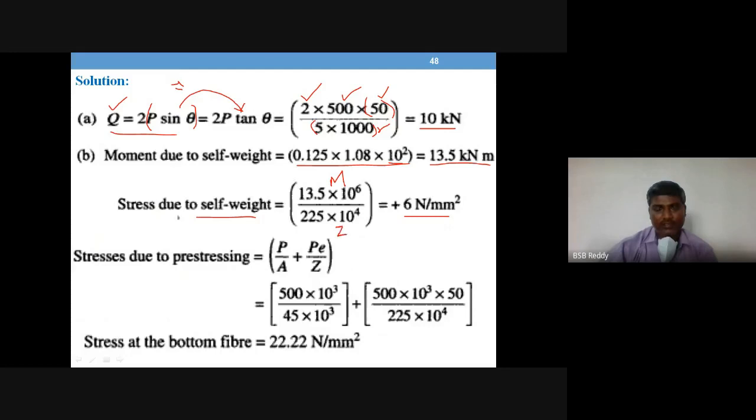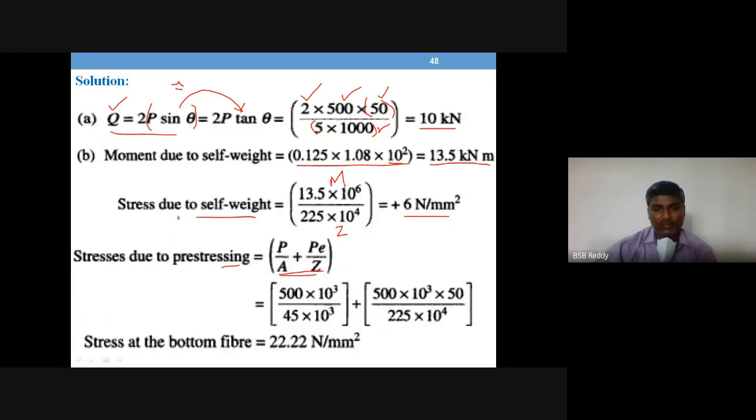So bending moment convert to Newton mm. Z is already in mm cube, right? Now stress due to pre-stressing, this is stress due to self weight. Stress due to pre-stressing is P by A plus PE by Z, stress at bottom.